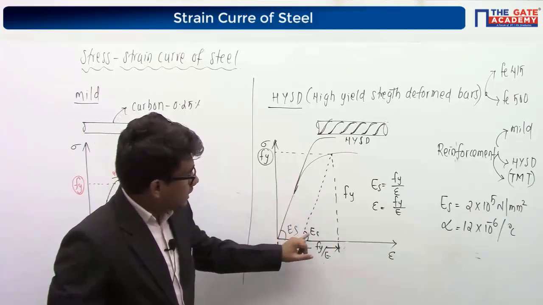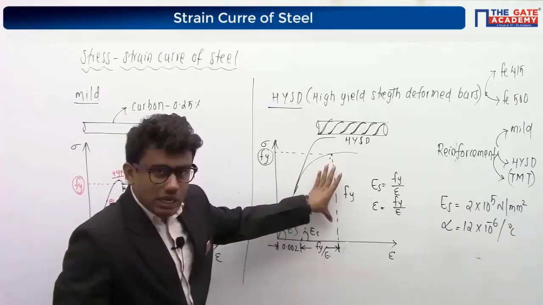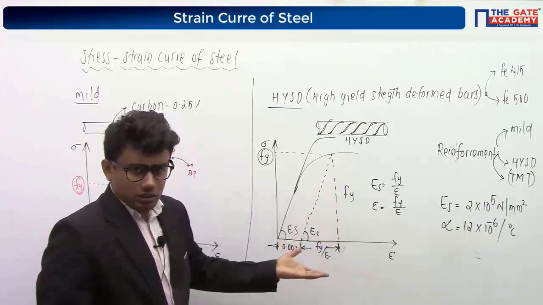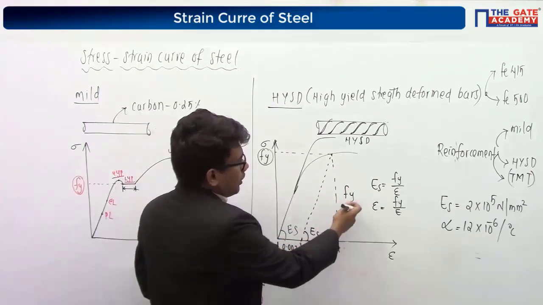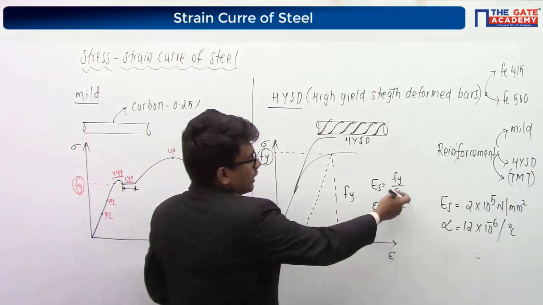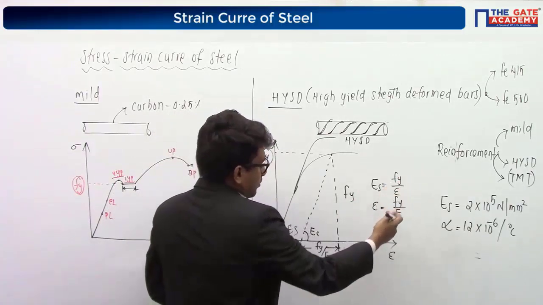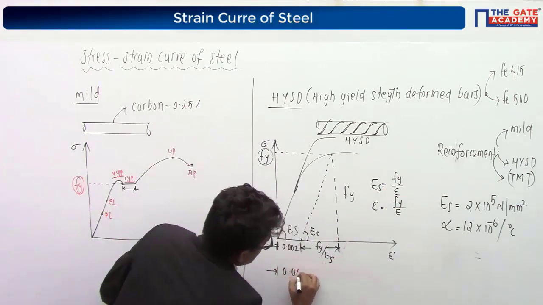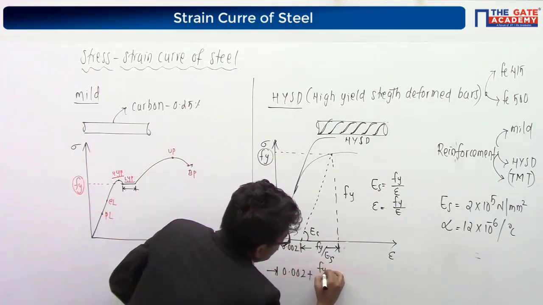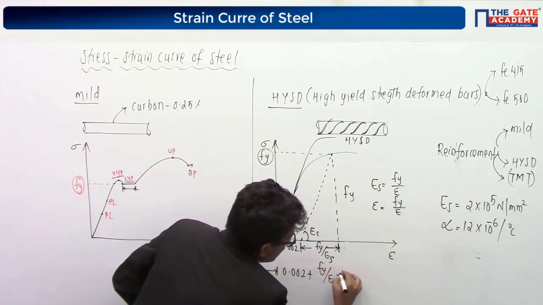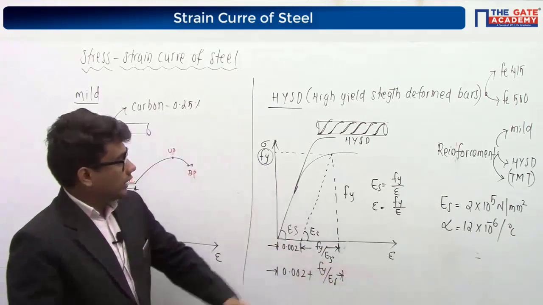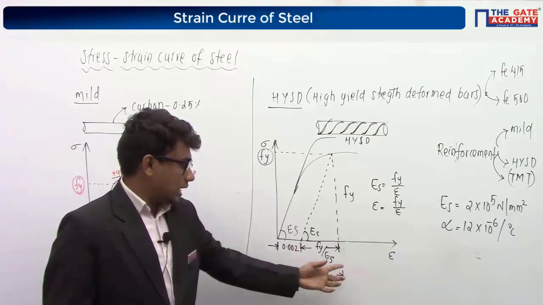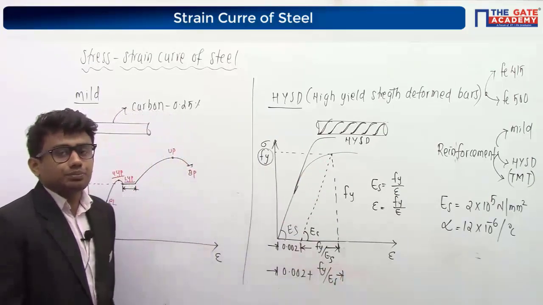And if I know this is Fy, that is the yield strength, I can calculate this portion using just the basic concept. Es will be equal to Fy divided by this strain value, so the strain value will be equal to Fy divided by Es. That is, the total strain, the strain corresponding to our yield strength, will be equal to 0.002 plus Fy divided by Es.